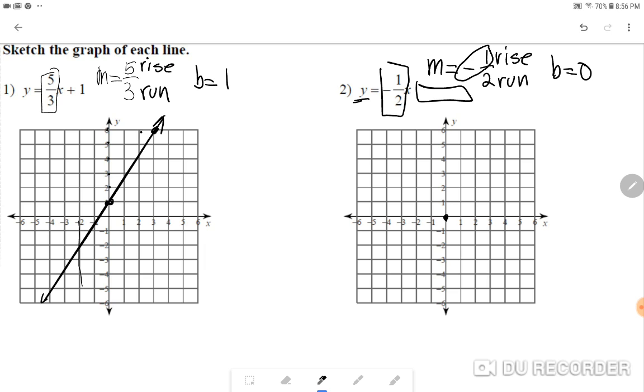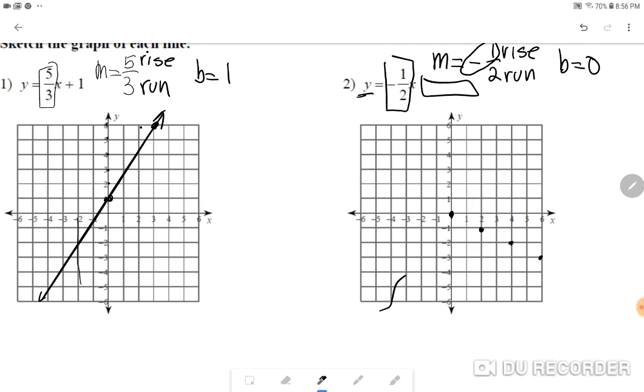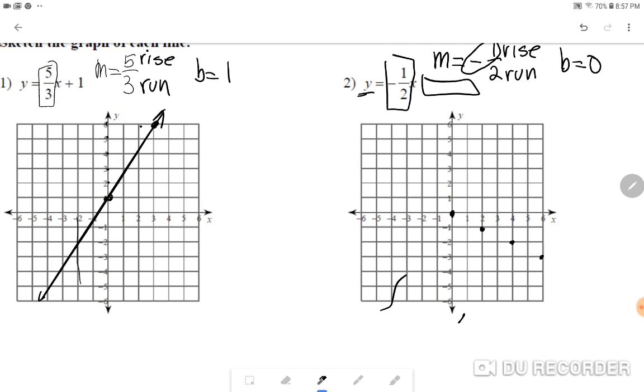Now my rise is negative 1, so I'm going to go down 1, and my run is positive 2 to the right: 1, 2. Down 1 to the right, down 1 to the right. Now draw a line between them, and that'll be your answer.